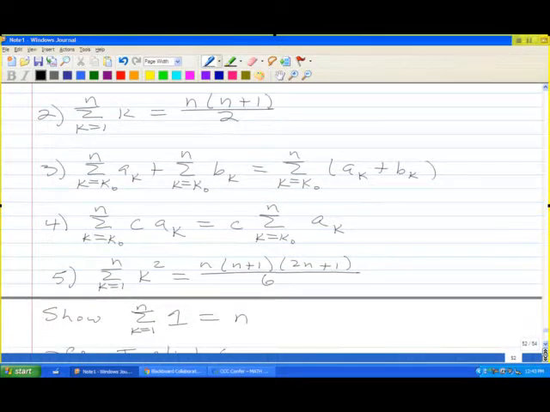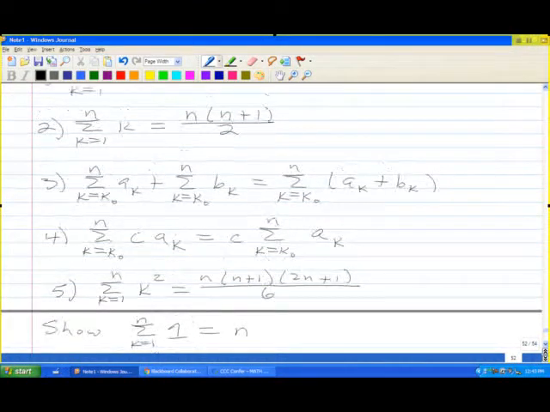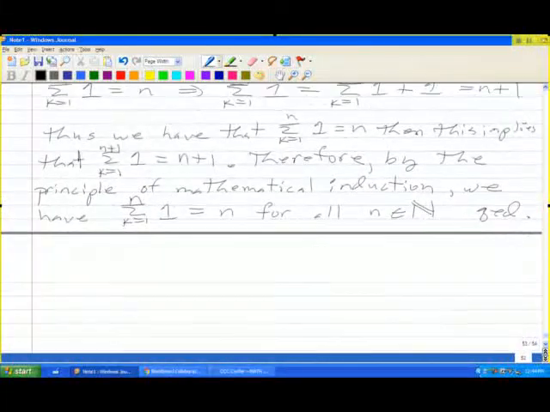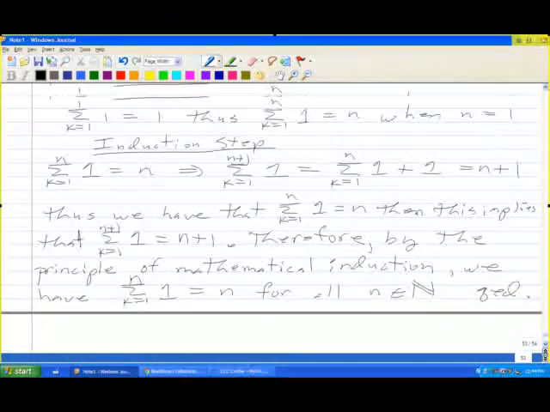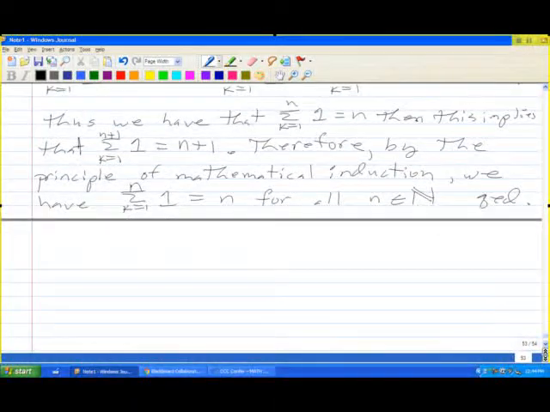Let me show 2. Oh, 2 is actually just a special case where a sub 1 is 1 and the common difference is 1. So we've actually already shown that.